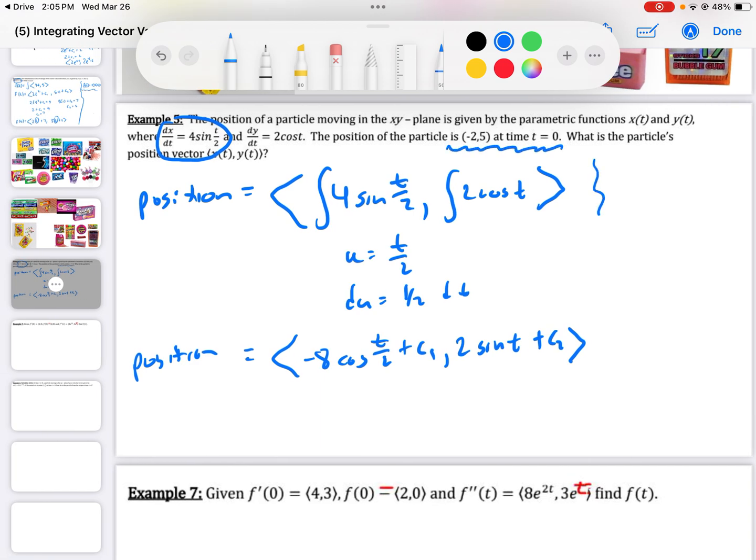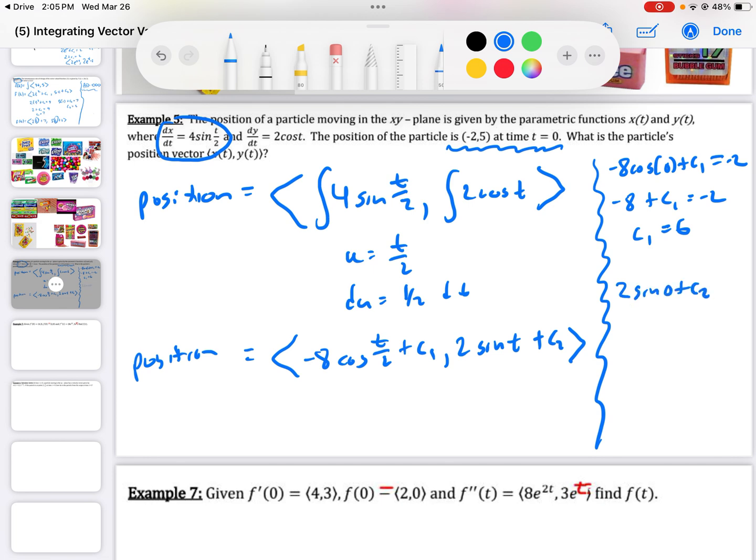So use your initial condition. So final answer, vector value function for the position.